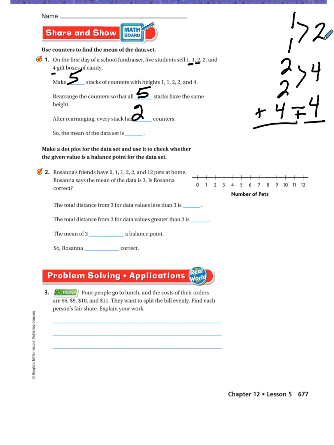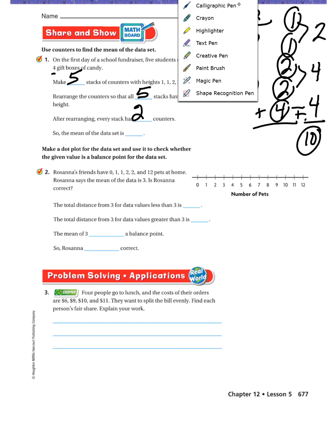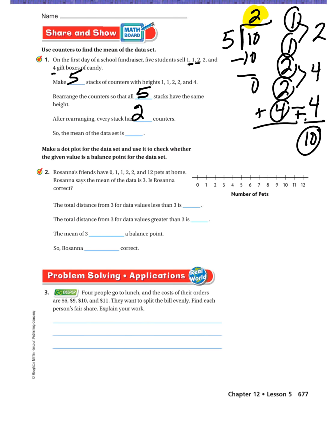So let's add those together. 2, 3, 4, 5, 6, 7, 8, 9, 10. Okay, your total number is 10 altogether, and we're going to divide that between 1, 2, 3, 4, 5. 10 divided by 5 is 2. So the mean of the data set is 2.